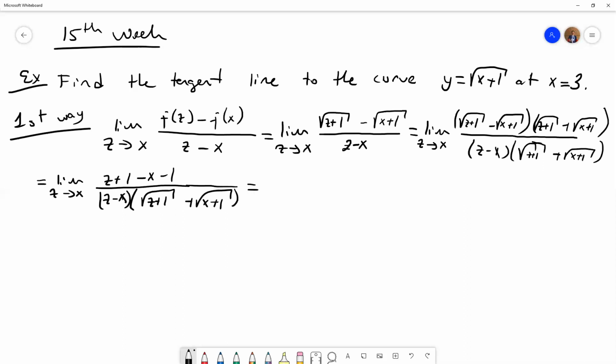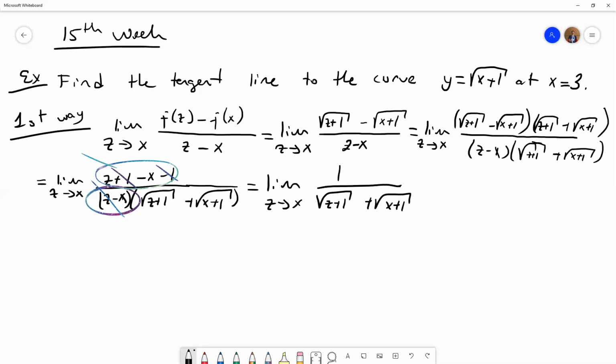Finally you see that this one goes, and it is z minus x here and we have also z minus x there, so they cancel. So finally we have the limit as z goes to x of 1 over square root of z plus 1 plus square root of x plus 1.